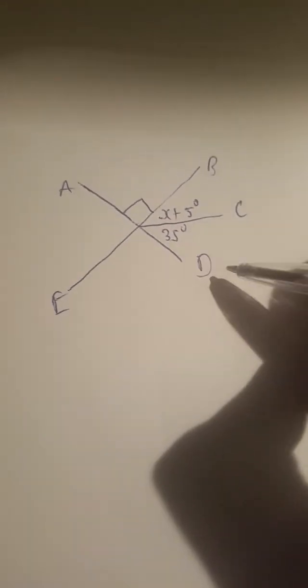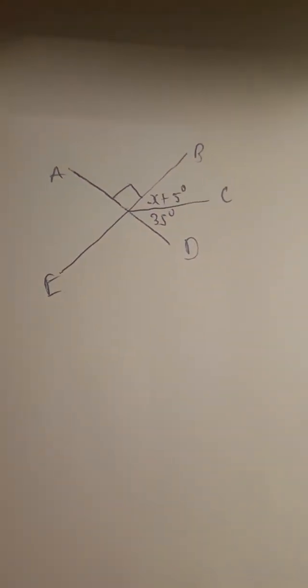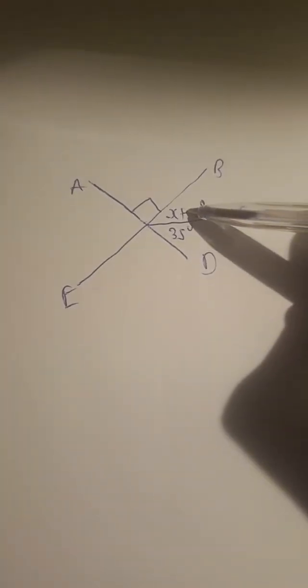Here we have this box, which means 90 degrees. We have x plus 5 degrees and we have 35. From here to there is 90 degrees, from there to here is x plus 5 degrees, and from there to here is 35 degrees.